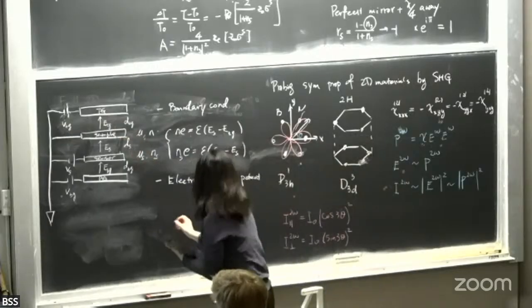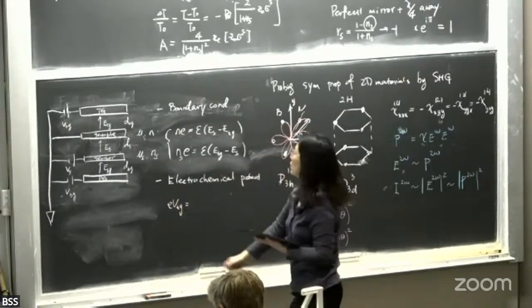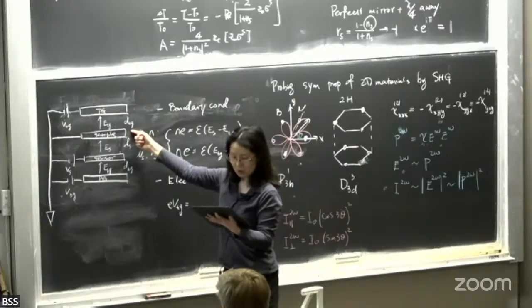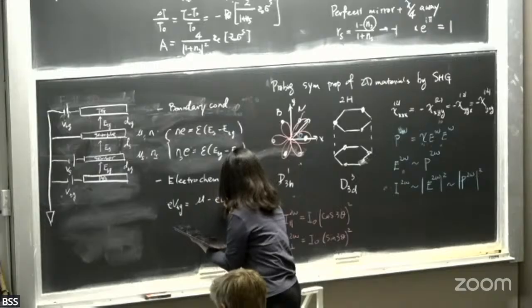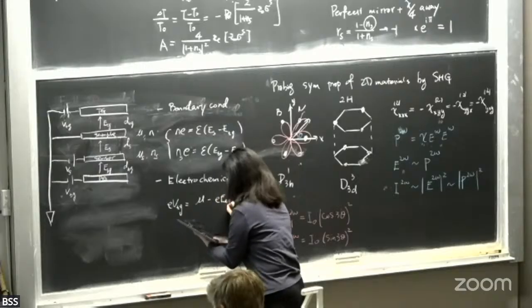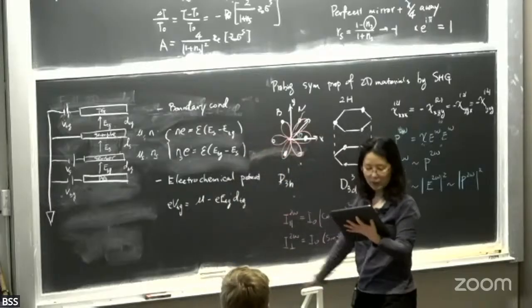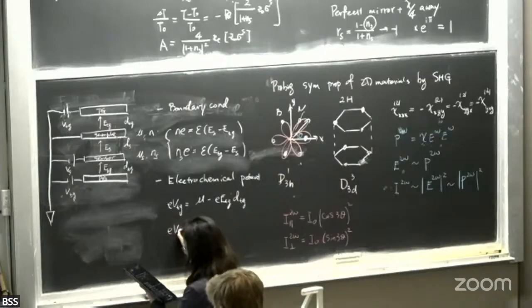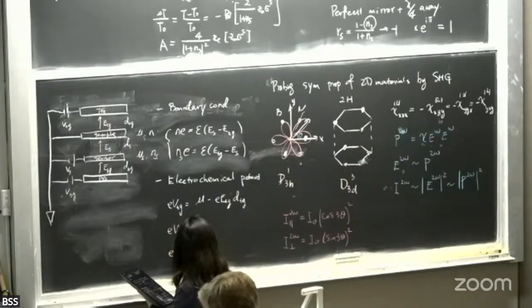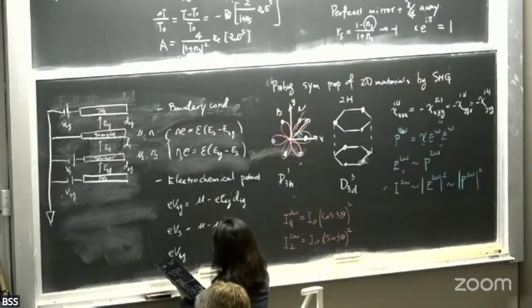So for example, for the top gate, this will be the chemical potential mu minus E top gate, D top gate. And similarly, you can write down 3 more equations for EVS and EV bottom gate. So it's mu S.